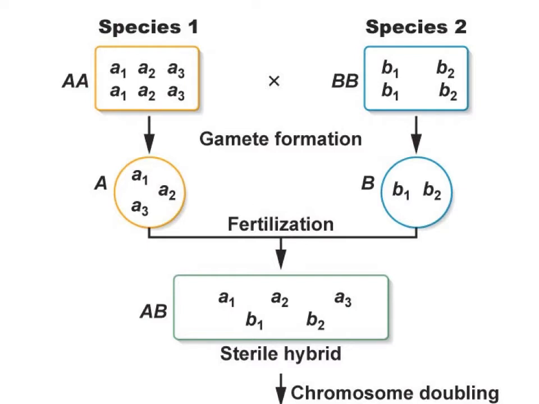Okay? Now what's remarkable in plants is that it is possible that these 2 come together and one fertilizes the other. And you end up with a zygote that has a copy of A1, A2, A3, and B1 and B2. Now, if this is as far as it went, you would end up with, as it says here in the figure, a sterile hybrid.